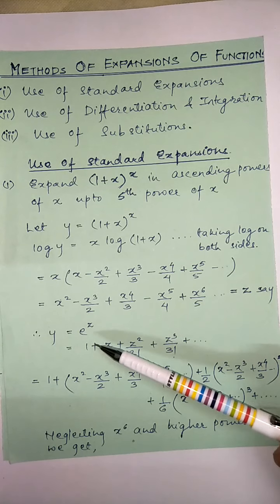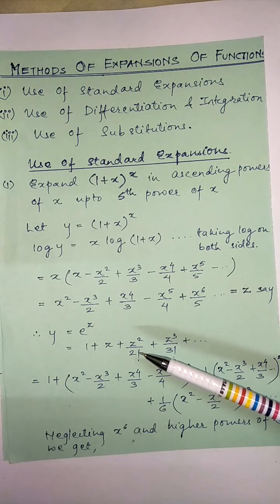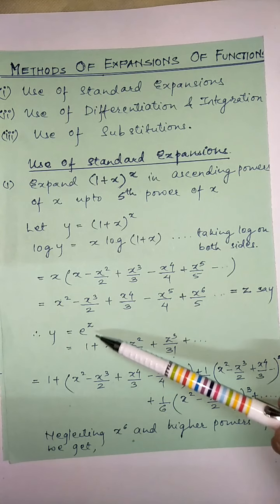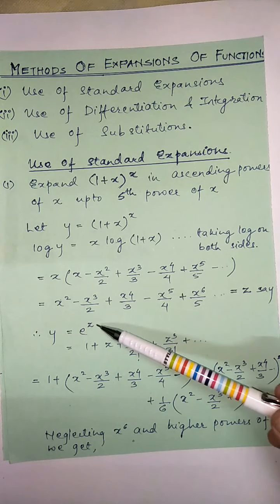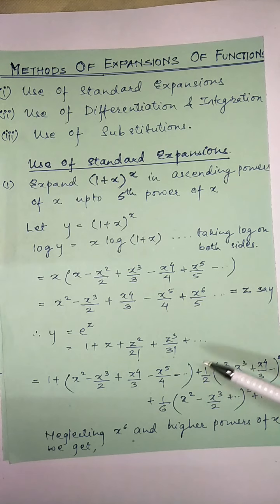And now for this e raised to z, we have the standard expansion, the exponential series. So for this e raised to z, we will substitute the standard expansion. It will be in terms of z because we have e raised to z.